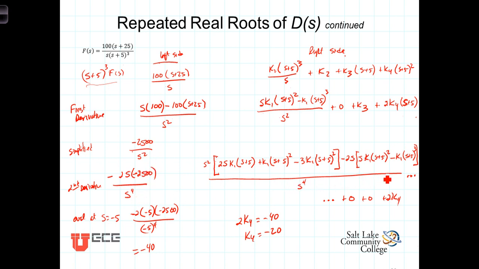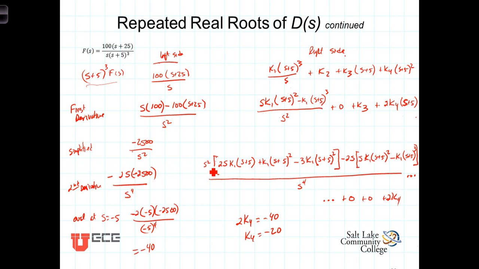Now, over here, this gets to be actually quite a bit more grimy. Once again, it's the denominator, s squared, times the derivative of the numerator. The derivative of the numerator is a little bit tricky because we've got the product rule coming into play. We have s times k1 times this minus that for our numerator.